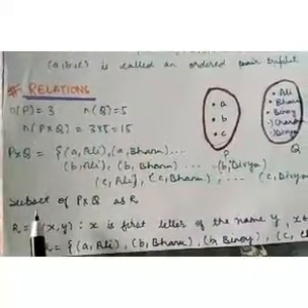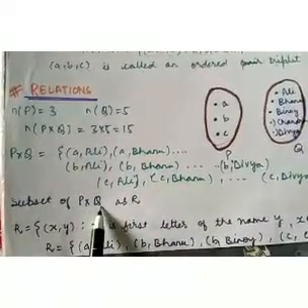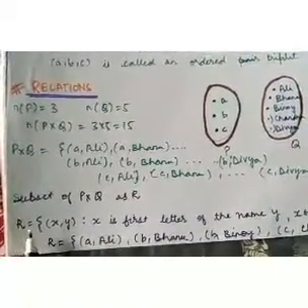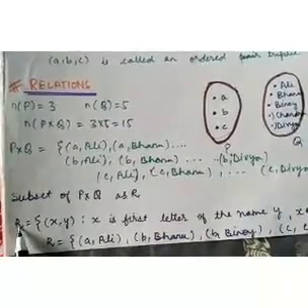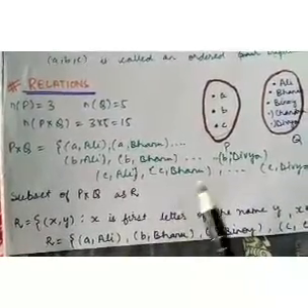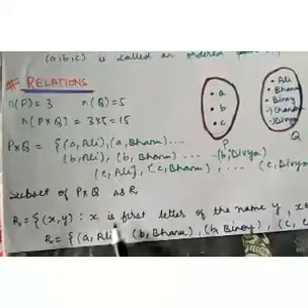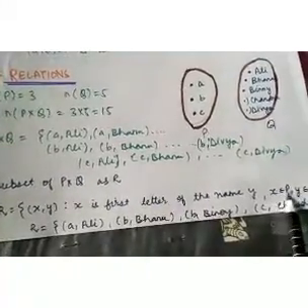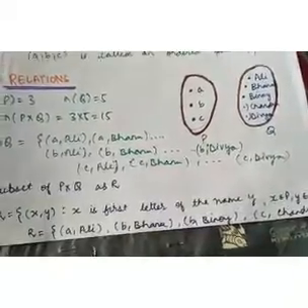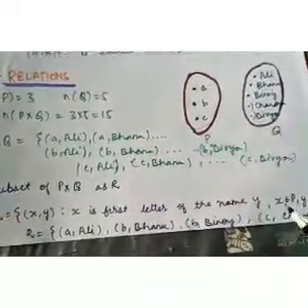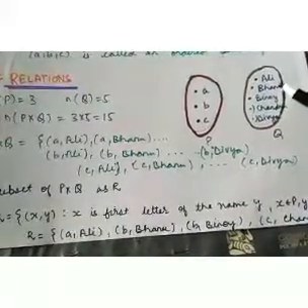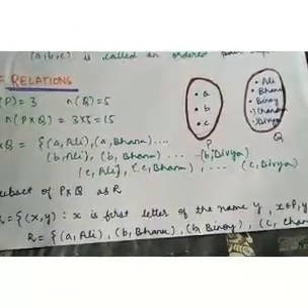Now, we can take a subset of P cross Q named as relation R, in which R equals the ordered pair (x, y). That is, this relation consists of all those ordered pairs for which x is the first letter of the name y, where x belongs to P and y belongs to Q. The element belonging to P we have termed as x, and the elements belonging to Q we have termed in general as y.